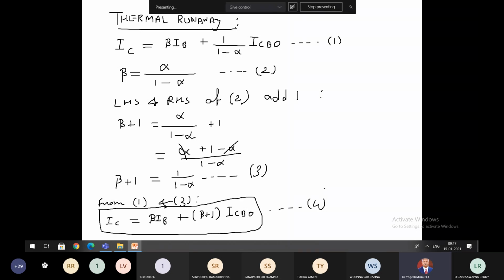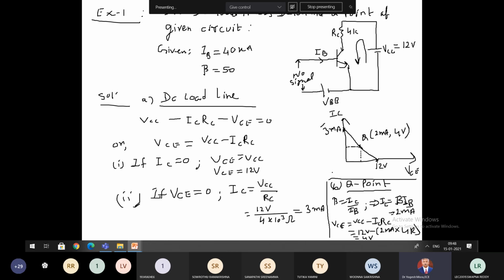Okay. Now from this expression number 4, suppose we are having some transistor in our circuit diagram and we are operating that circuit. Since current IC is flowing in the circuit, suppose this is our circuit diagram.